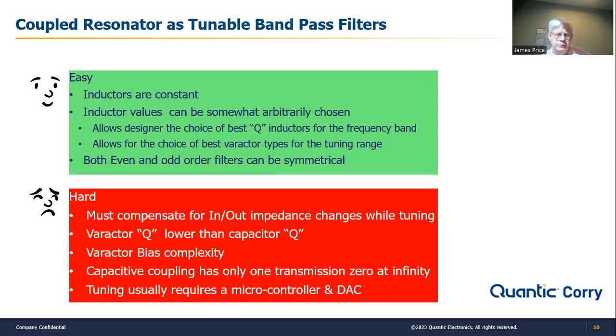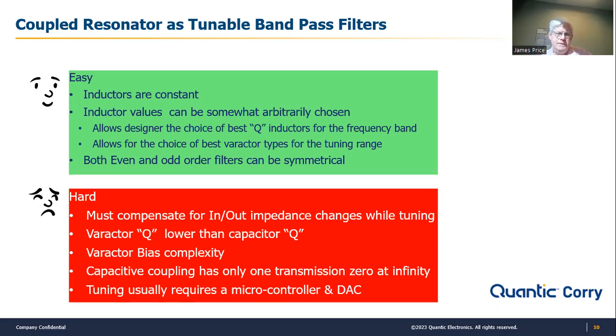That can be a little bit of a pain. And the other thing is the transmission zero to infinity that I had already talked about. And tuning usually requires a microcontroller or a DAC or something like that because, as I said, you have to tune the ends of the filter differently than the middle of the filter. And varactors are inherently not very linear.